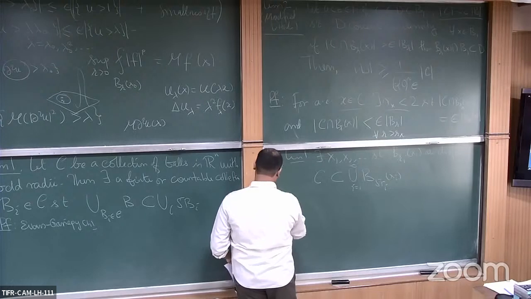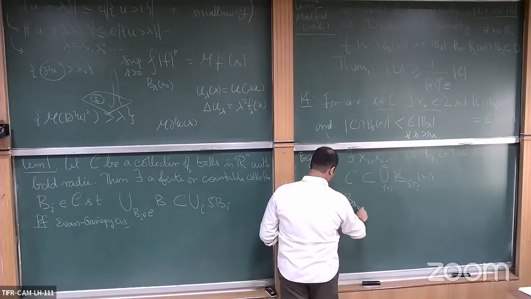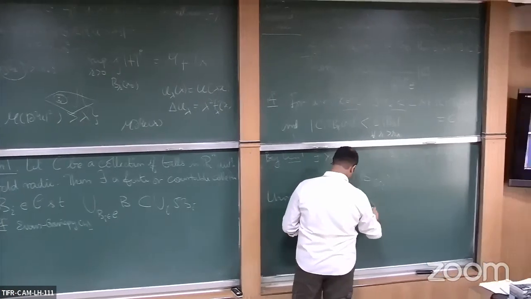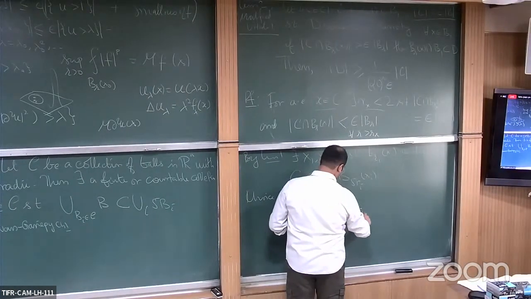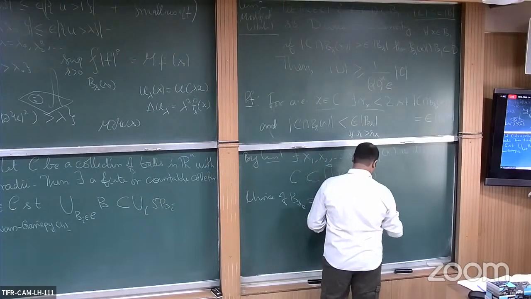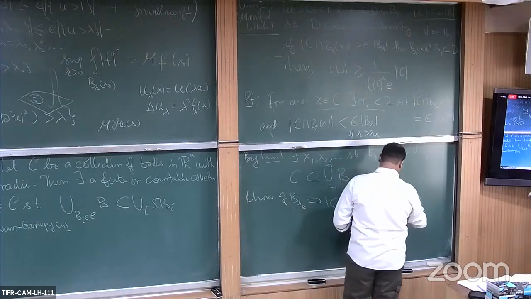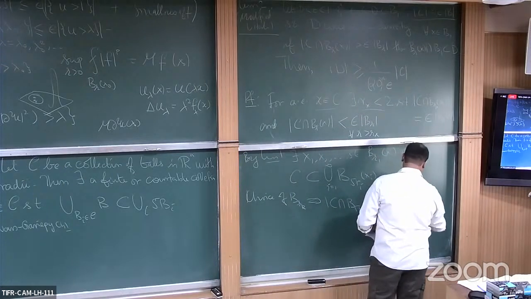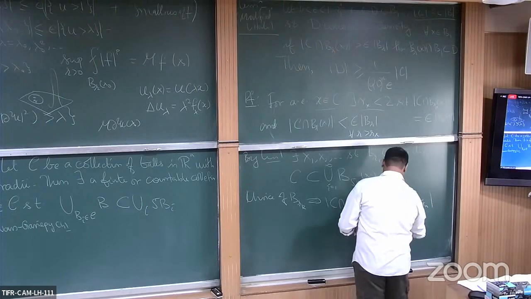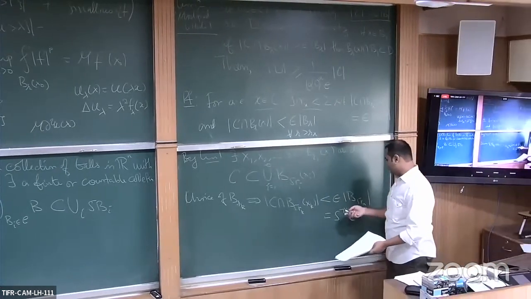So the choice of B(r_k) implies that you have C intersection B(5r_k, x_k), because this radius is greater than r_k now, right? So the density falls. So the density at 5r_k and x_k is at most epsilon. This is 5 to the power n, epsilon to the power n. I'll start losing constants at some point.